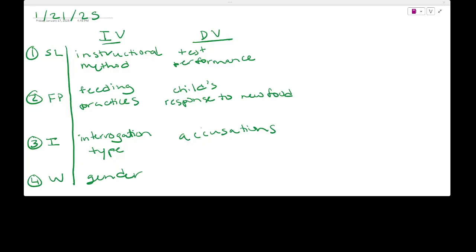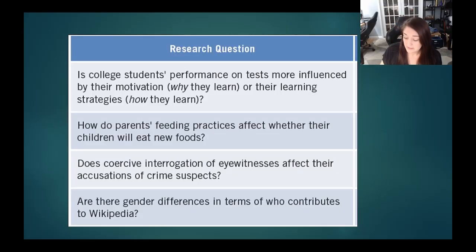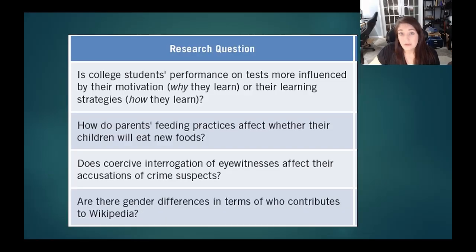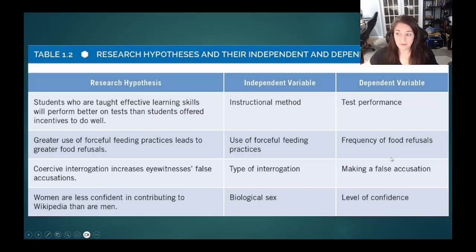So I would go and write gender there. Now for the dependent variable, it's contribution to Wikipedia. So I would write contribution to Wikipedia. Okay. So the actual researchers, this is what they chose for their independent and dependent variables.